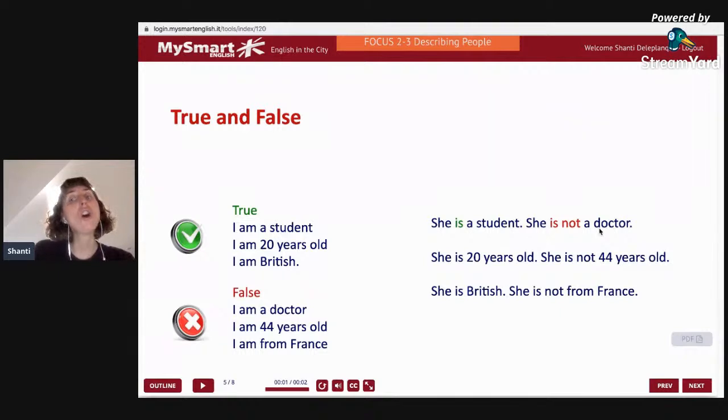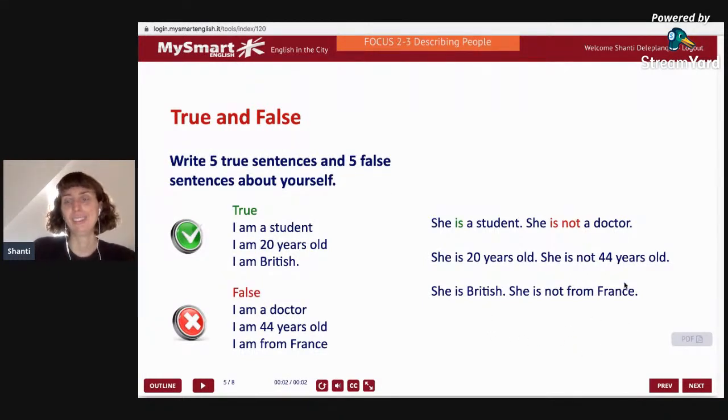She is not a doctor. She is 20 years old. She is not 44 years old. She is British. She is not from France. Yeah?